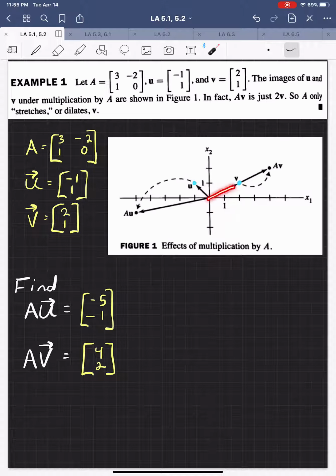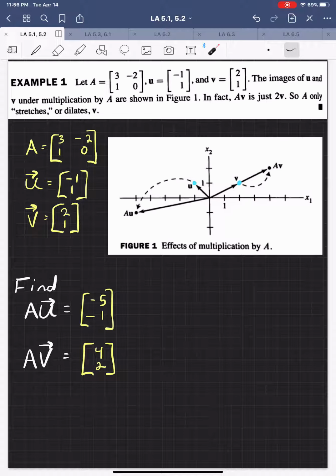So we started with vector V, and if we take V after the multiplication by matrix A, now notice in this case we didn't get any rotation at all. In fact, all we got was a multiple, right? Either a stretch or a dilation, in other words, it just either increased or decreased the magnitude without actually rotating it.